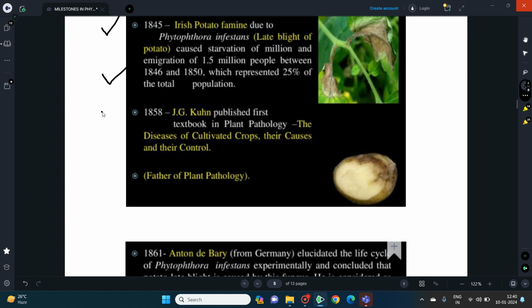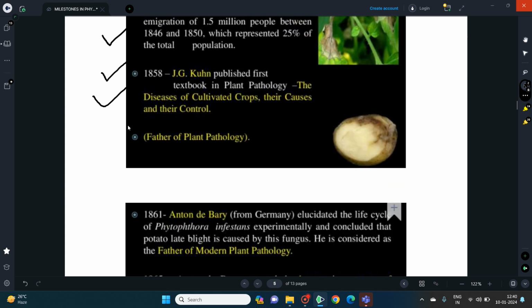In 1858, J.G. Kühn published the first textbook in plant pathology, The Diseases of Cultivated Crops, Their Causes and Their Control, and is the father of plant pathology.